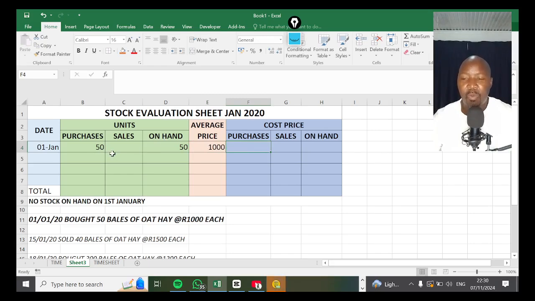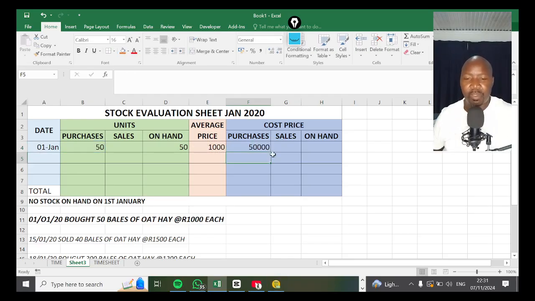And then what you do on the left, you're going to do on the right. On the purchases, we have 50 units. Now you have to ask yourself a question: what is the total cost price of the 50 units that we purchased? That's where you do an equal sign, then you say 50 units multiplied by 1,000 rand, which is our cost price.